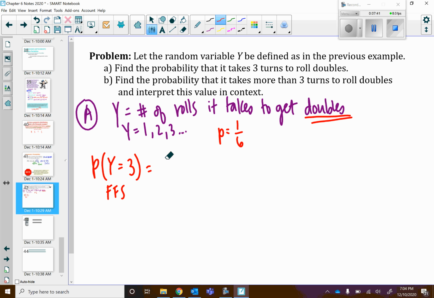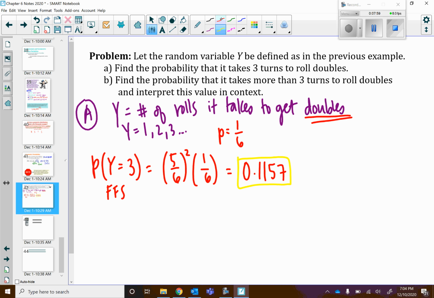So in this case, I'm going to fail twice, 5/6 squared, and then I'm going to succeed once, times 1/6. If you take those 3 fractions and multiply them, you should get 0.1157.